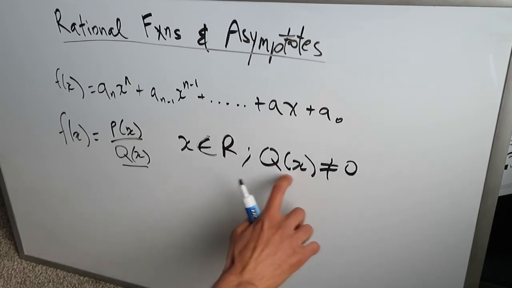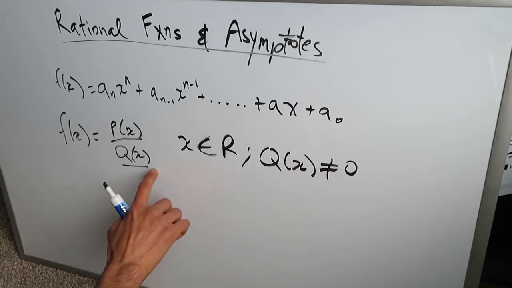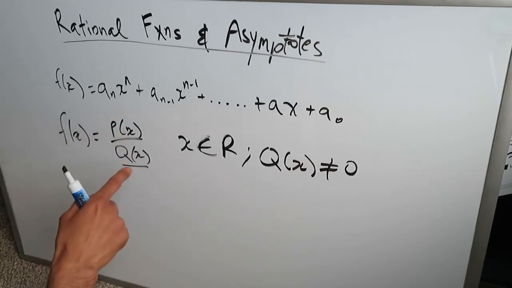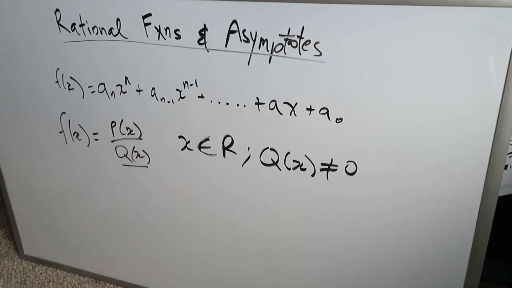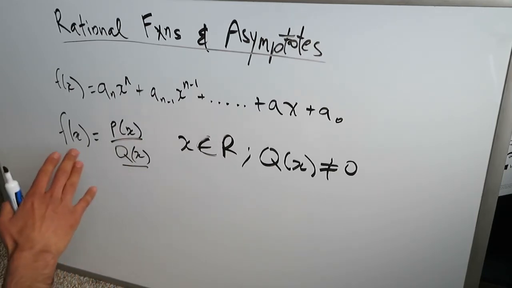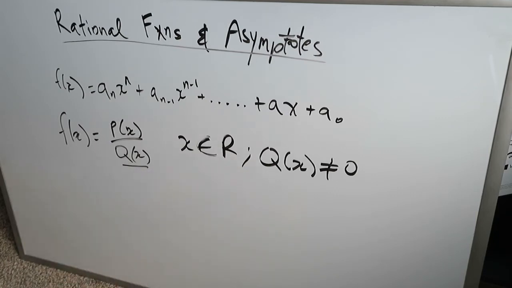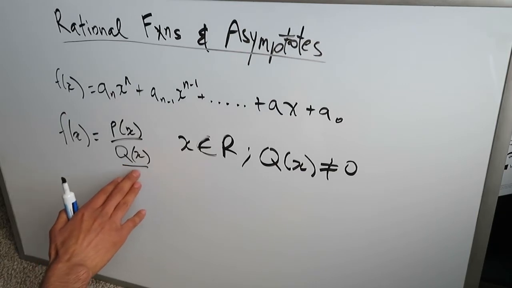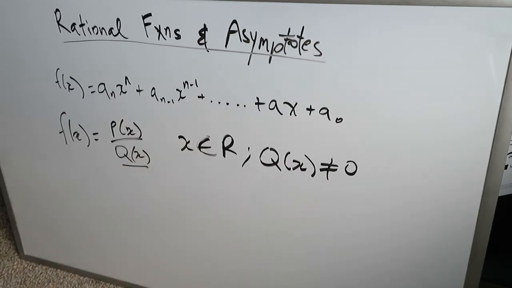See what happens if this entire lower function, the denominator, becomes a 0: this becomes undefined because you'll have something divided by 0, which is not acceptable. So keep in mind that in general, rational functions always have the domain x is an element of real numbers so long as the denominator does not become 0.